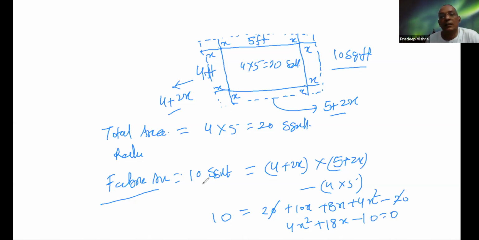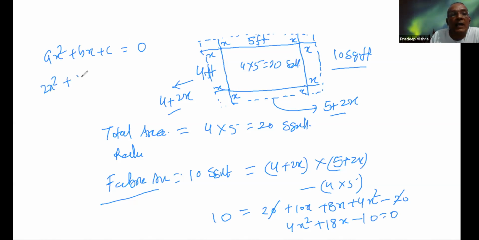What do you realize? This is your quadratic equation, ax square plus bx plus c equal to 0. If I divide it by 2, I get 2x square plus 9x minus 5 equal to 0.